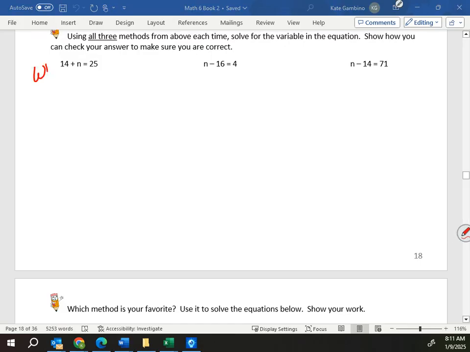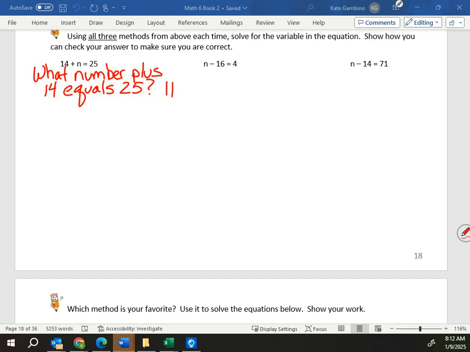What number plus 14 equals 25? So what number would I add to 14 to equal 25? Adeline? 11.